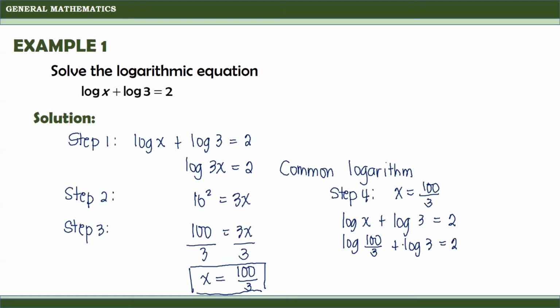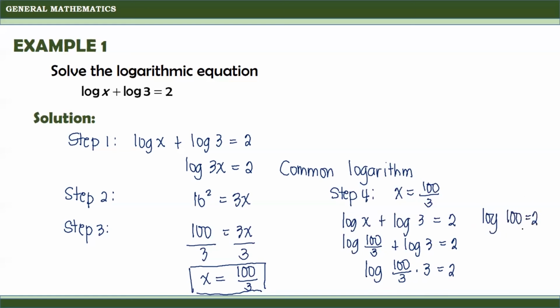Combining these two logarithmic expressions, we will have logarithm of 100 over 3 times 3 equals 2. Next, simplifying 100 over 3 times 3, we will have logarithm of 100 equals 2.